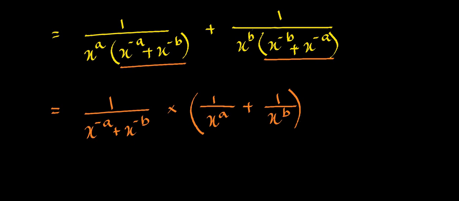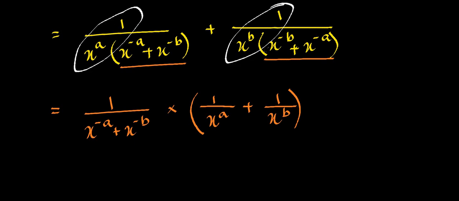This common factor we have removed outside. तो बचा क्या? 1 upon x raised to a plus 1 upon x raised to b. This is what is left. 1 upon x raised to a plus 1 upon x raised to b. This was the leftover, and that leftover we have brought over here.